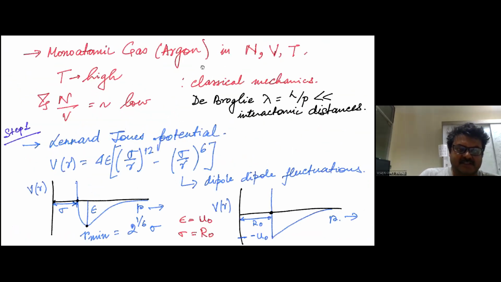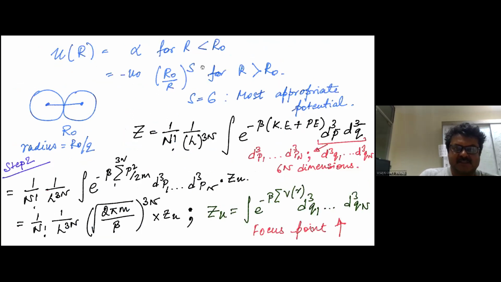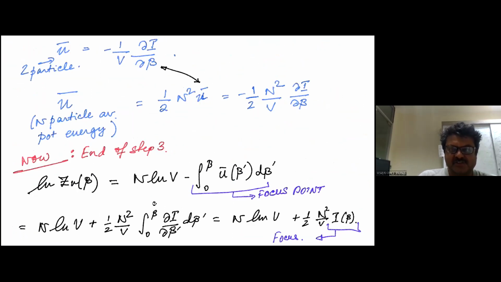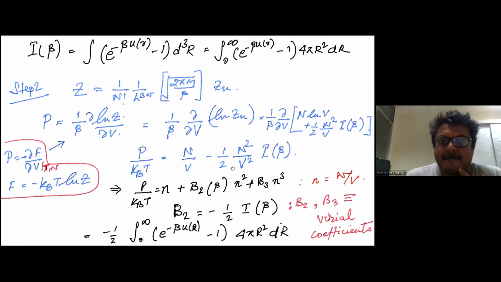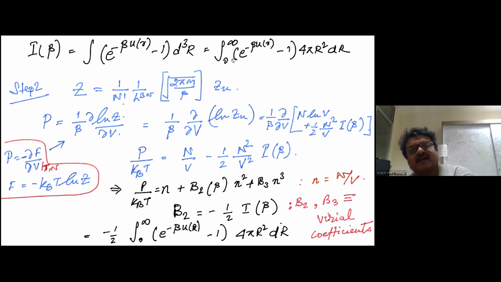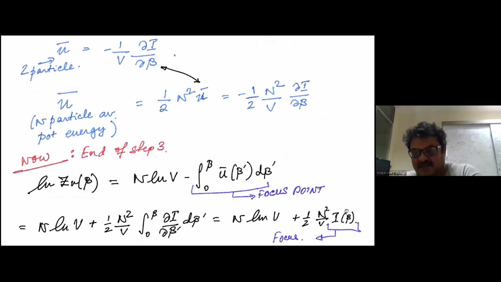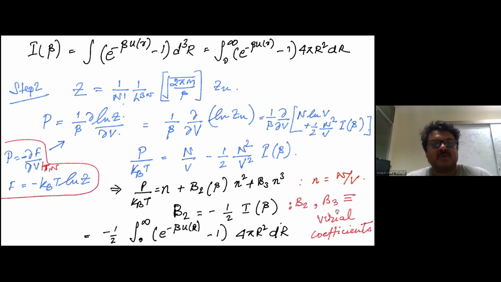I've added this 3N, which was missing here, into Z_U, and Z_U has been written like this, with I(β), where the two-particle term is multiplied by N squared and so on and so forth.